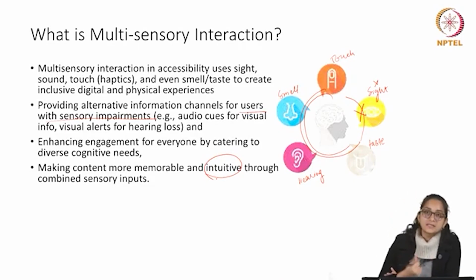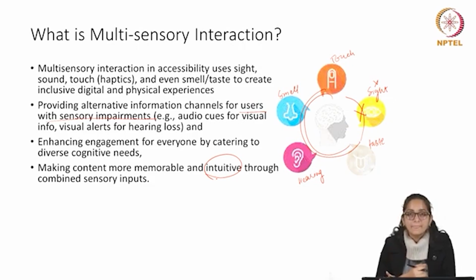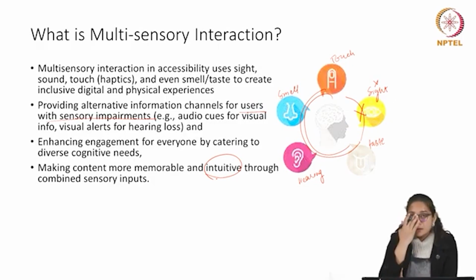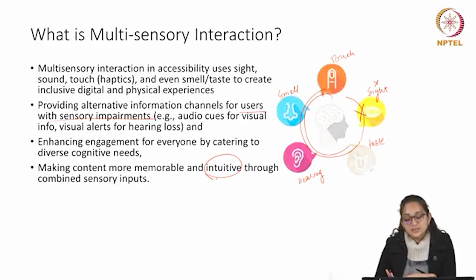So we are hardly really interacting with all of the other modalities. We are largely relying on visual attention, and that has helped in advancing technology for the previous decades, past 2 decades to be particular.